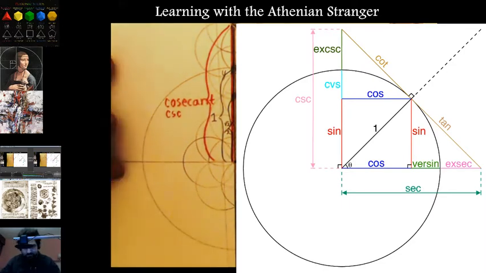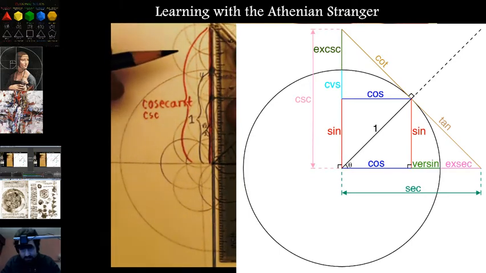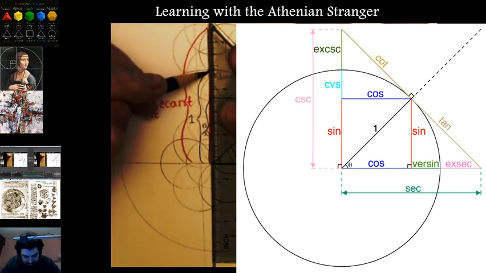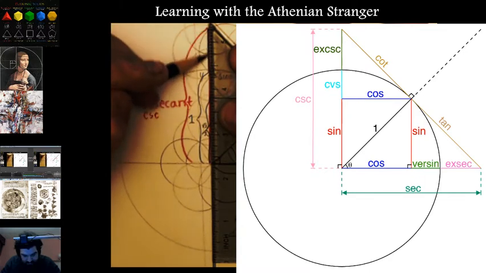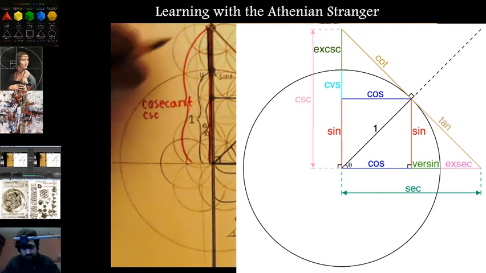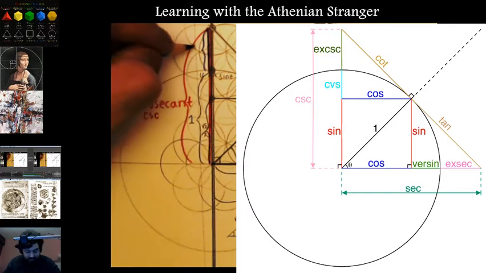I'll use purple to draw that. Let me pull this out a little bit so you can see what I'm doing. This distance is the x secant. We're not computing it. We're just highlighting that that's what it is, in fact.